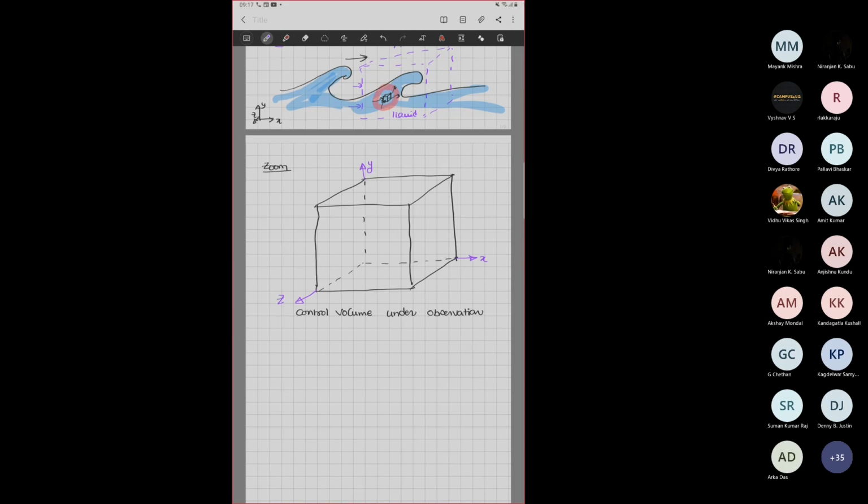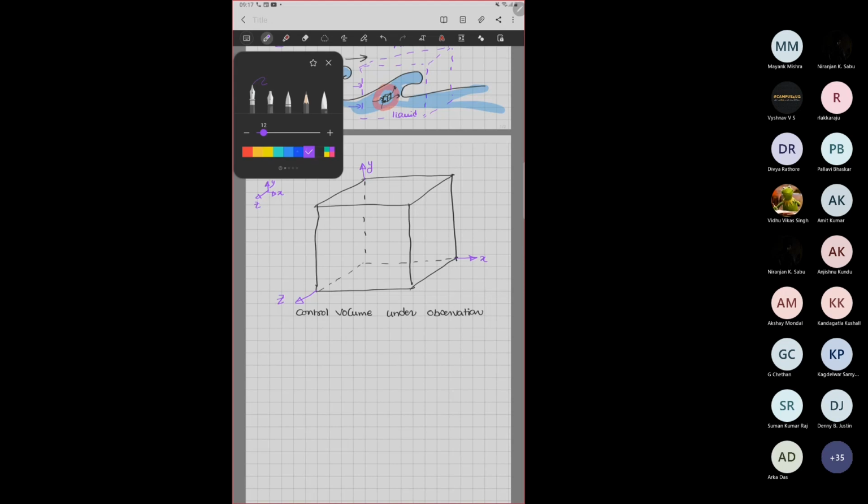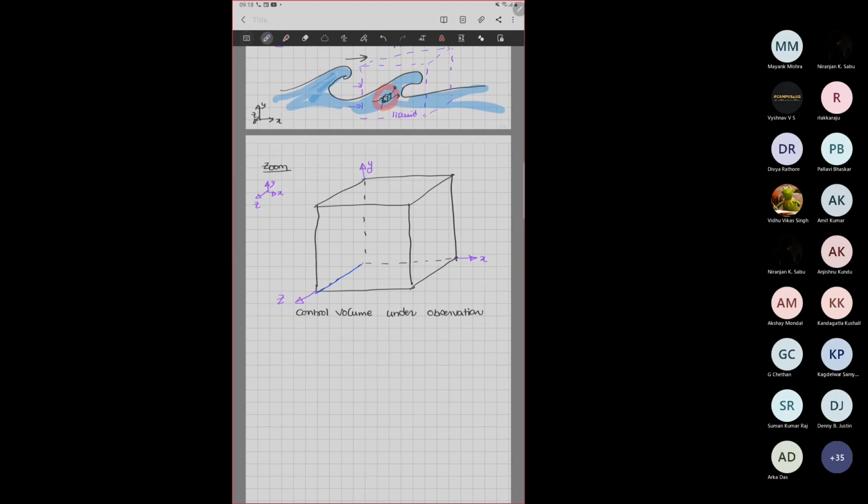Maybe the origin might be here. With respect to that coordinate system, this entire plane is at x location, and this entire plane is at x plus dx location.